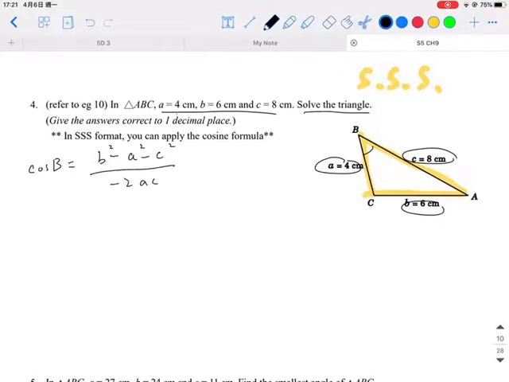So just remember the formula. We cannot use the calculator this time. So substitute the numbers in it, and you will get the answer.